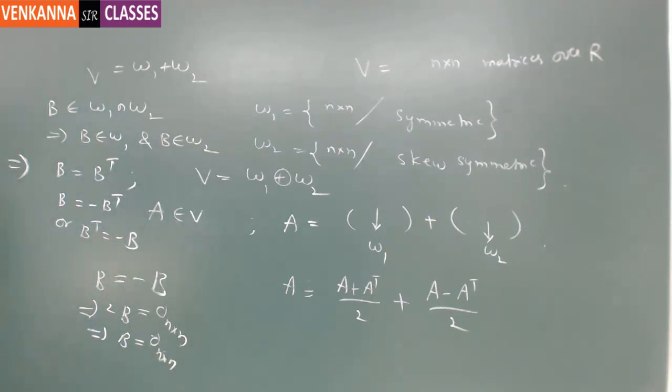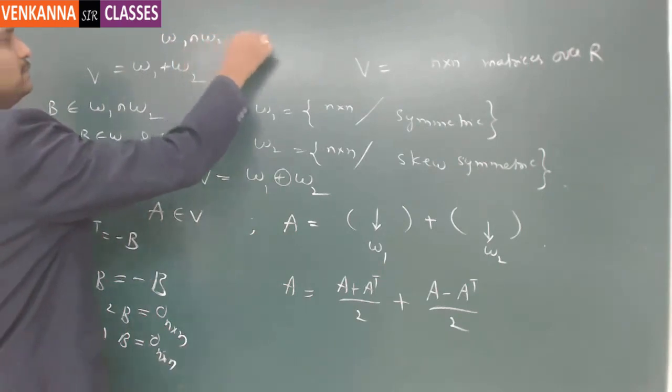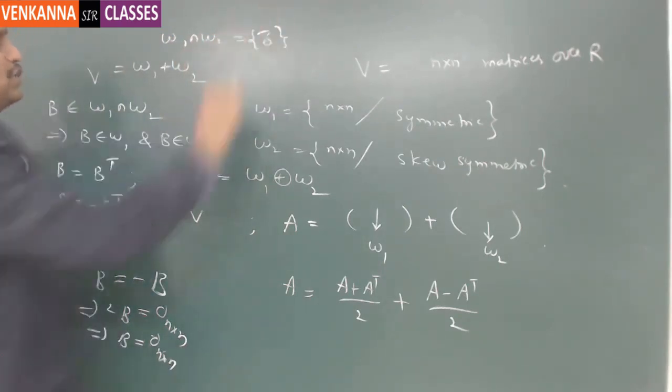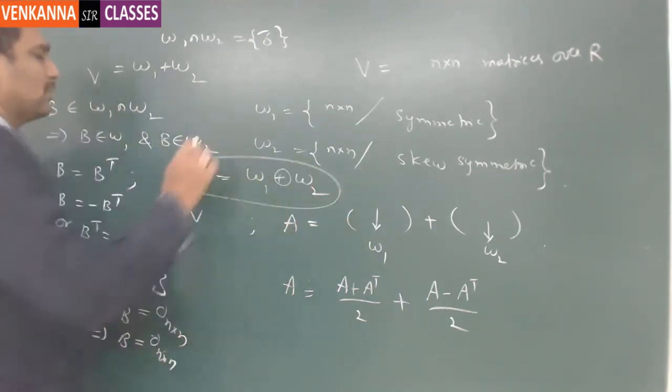So whatever matrix you are taking in the intersection, it is becoming 0. Therefore, the intersection is nothing but the singleton 0. That means only the 0 matrix is present in the intersection. You cannot find a non-zero matrix common to the sets. Therefore, V satisfies the two conditions, so V is the direct sum of the two subspaces.